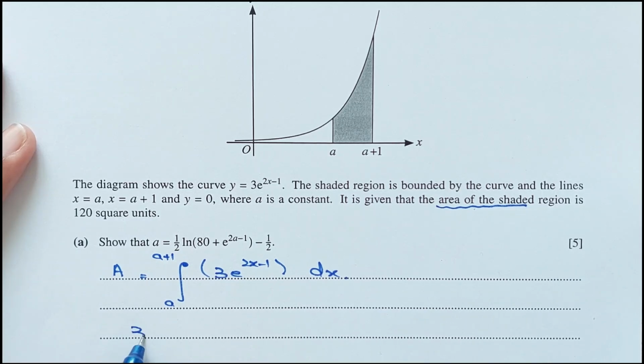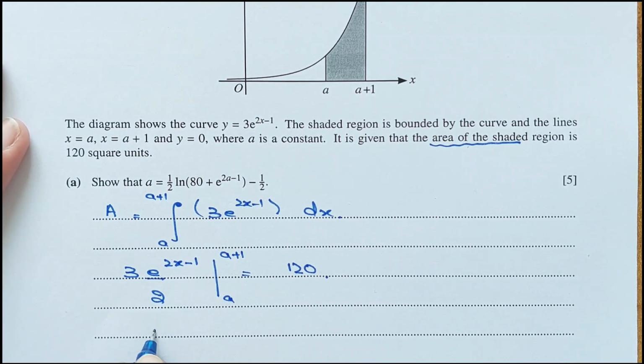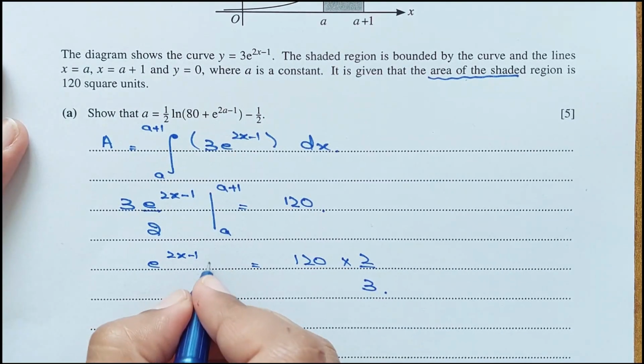We have 3e^(2x − 1), and the derivative of 2x − 1 is just 2. This would be from a to a + 1, and the area is 120. So e^(2x − 1) equals 120 times 2/3, from a to a + 1.